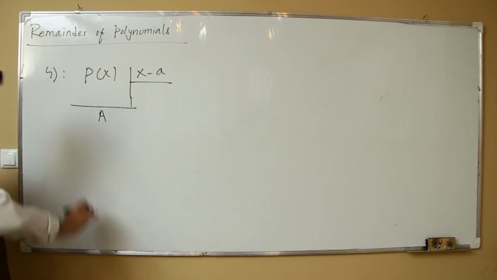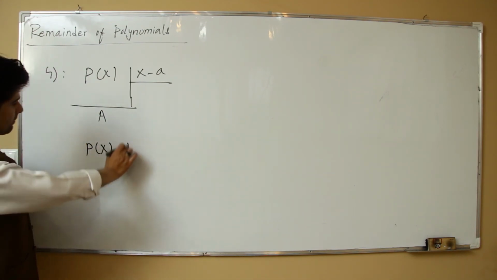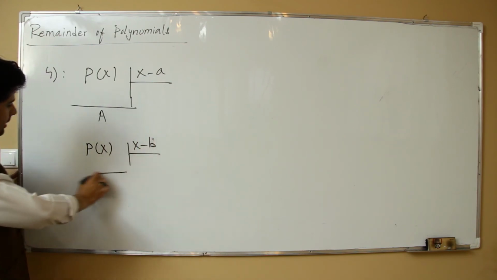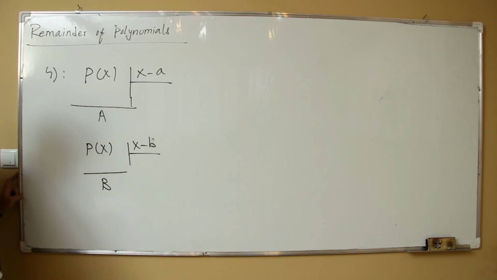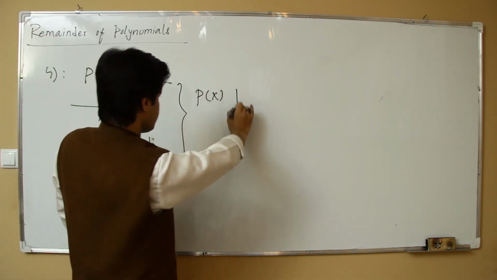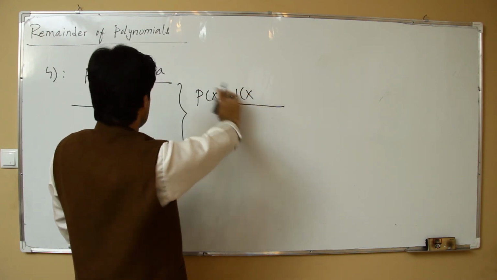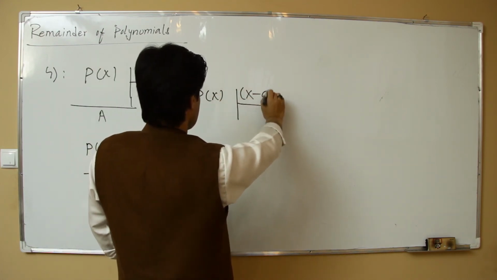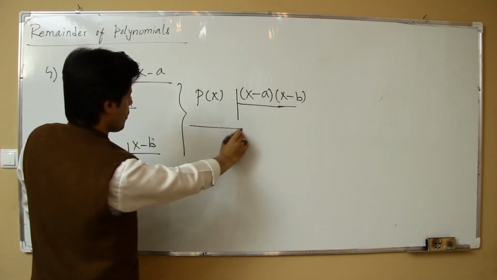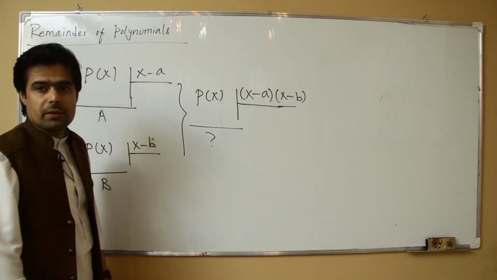Now, once again, this p(x) is divided by another polynomial, x minus b, and the remainder would be b. Now the question is, if p(x) is divided simultaneously by the multiplication of both of them, then what would the remainder be?